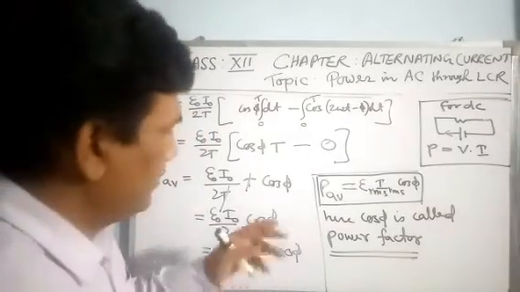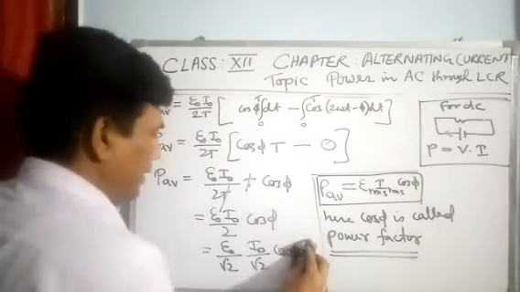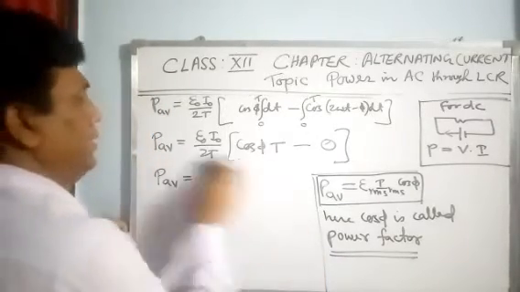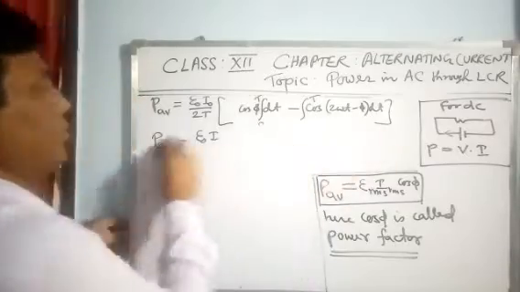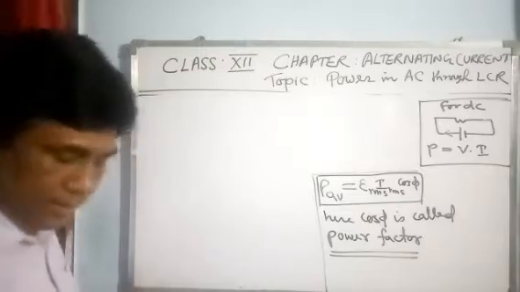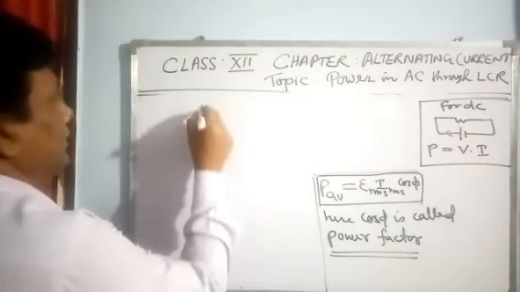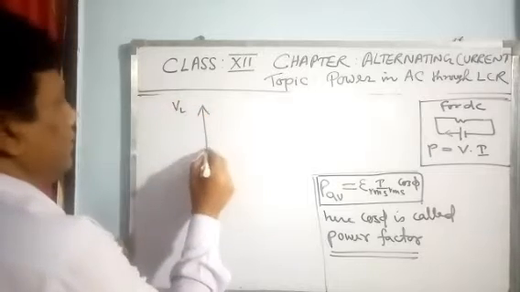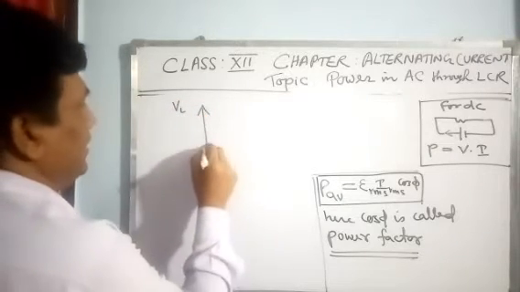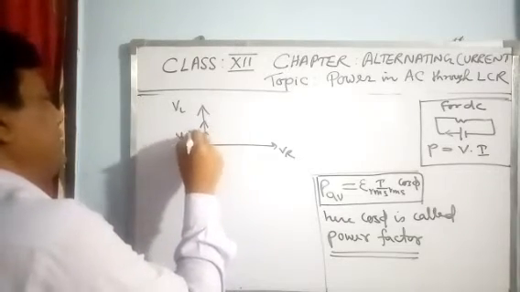And let me draw that impedance triangle once more for the LCR circuit. This part, I think, is already copied. If not, rewind the video, pause it and write all these things. In the impedance triangle, this is VL, this is VC, that is VR, and that will become VL minus VC.